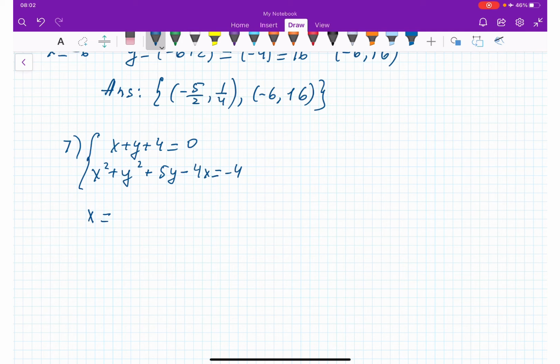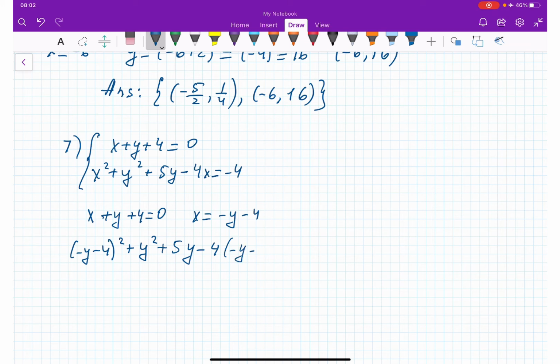x is equal to, let me write the whole thing, negative y minus 4, and plugging here, x squared is going to be negative y minus 4, squared, plus y squared plus 5y minus 4 times negative y minus 4 equals negative 4.